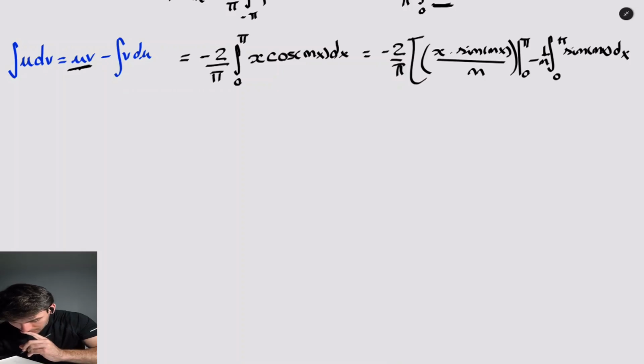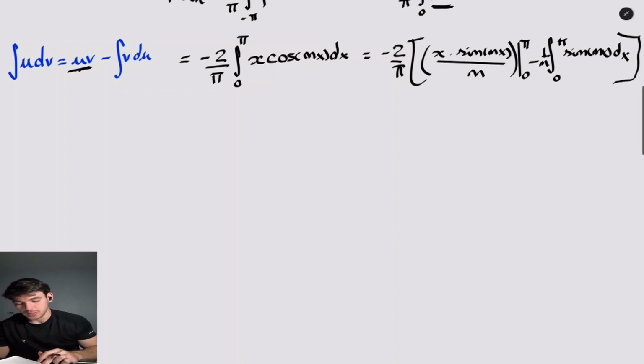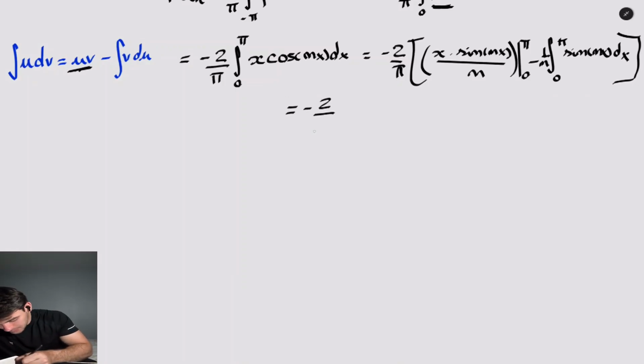So let's write this. I guess that's right. Let's hope it is. All right, so let's continue. This will be minus 2 divided by pi. This will be 0 since we are going to substitute pi or 0 inside a sine function.